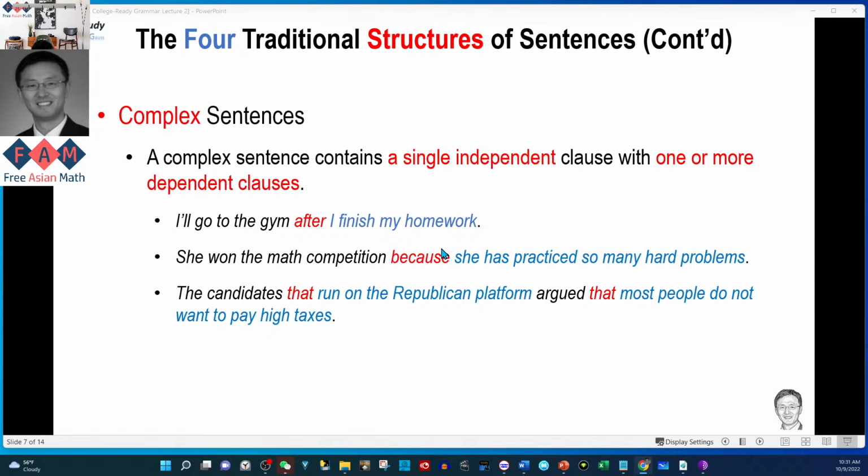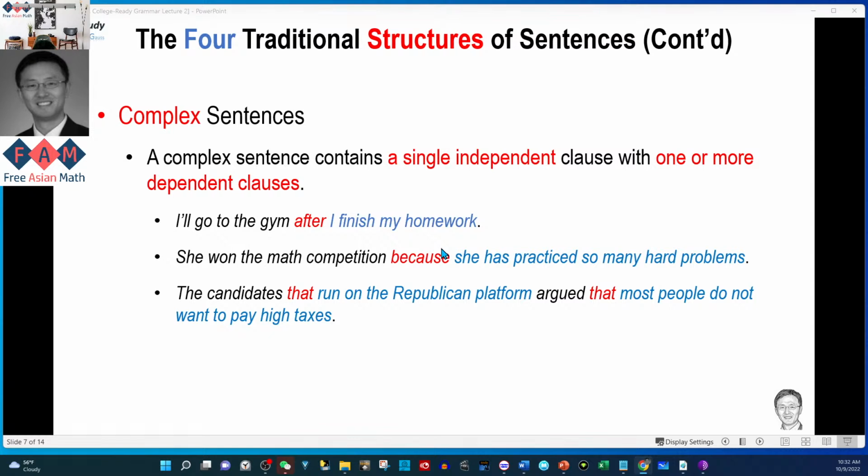We just said that the second "that" is expletive, meaning that it does not have any grammatical role, but this "that" actually is the subject of this clause: that run on the Republican platform. Because this is an adjective clause, it modifies the subject of the main clause, candidates.